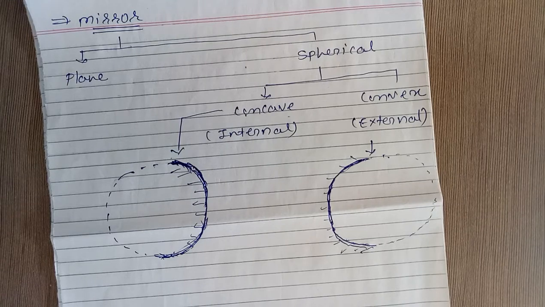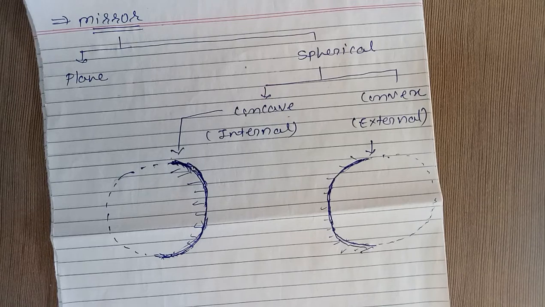If the internal surface of the spherical mirror is made reflecting, then it is known as a concave mirror. And if the external surface of a spherical mirror is made reflecting, then it is known as a convex mirror.